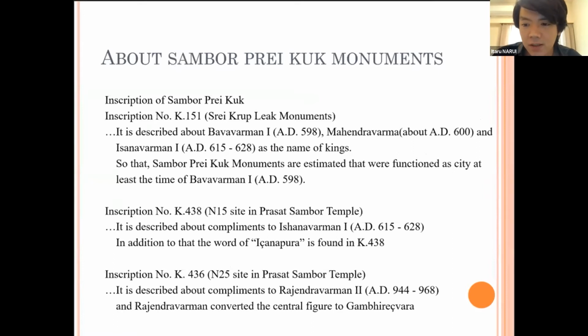Some inscriptions have been excavated in Sambor Prei Kuk monument. There is evidence of the city ages in the descriptions.